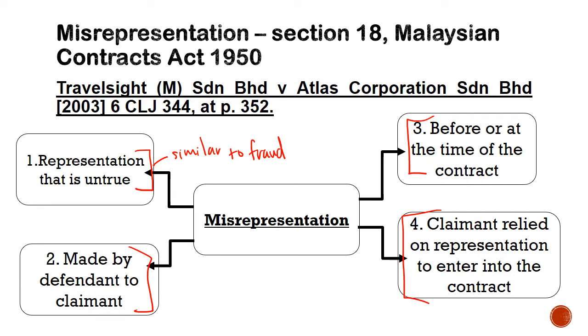The difference between this and fraud is that fraud has an additional requirement, which is the intention to deceive. The definition here doesn't look at intention to deceive as an element. So any kind of false statement made without the intention to deceive would fall under Section 18.